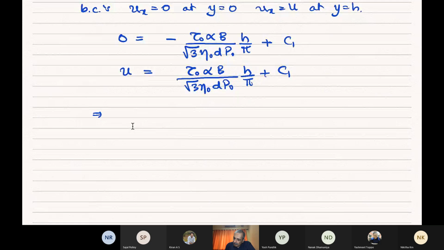So this gives us straight off, if I add up these two and then divide by 2, I'll get c1 is equal to u by 2.